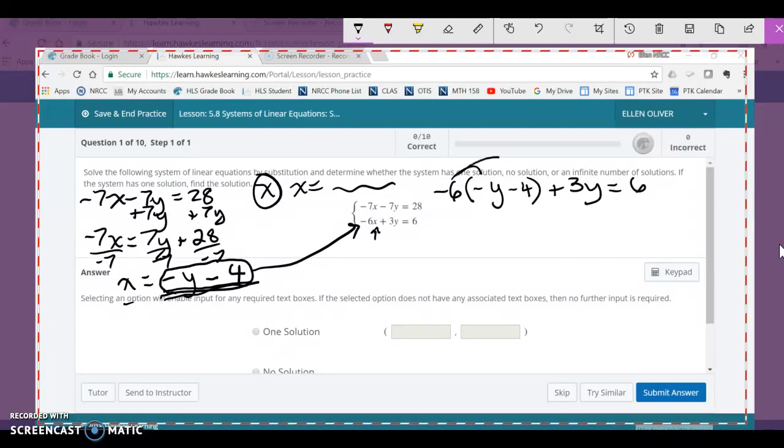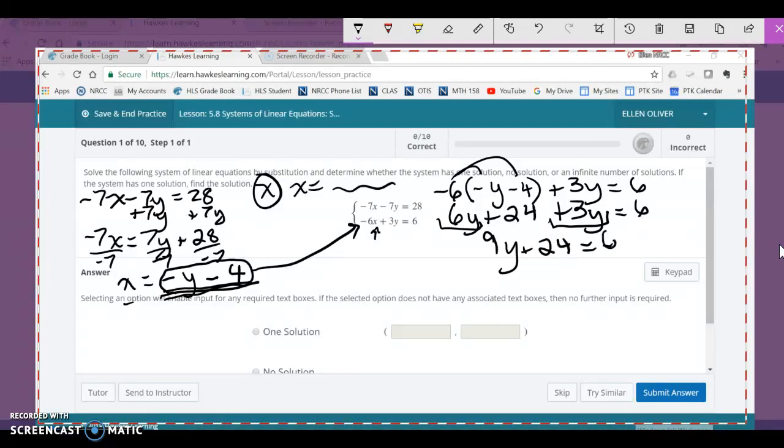So distribute here and I get positive 6y plus 24 plus 3y equals 6. Add my like terms, 6y plus 3y is 9y. Whoops. Minus 24 from both sides. 9y equals 6 minus 24, which is -18. Divide both sides by 9, and I get y equals -2.